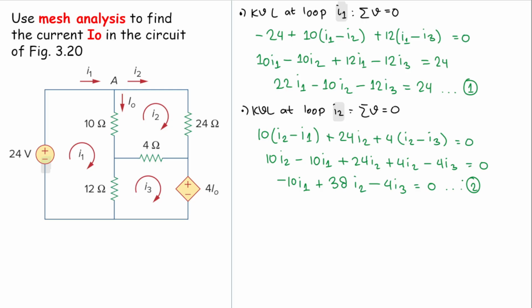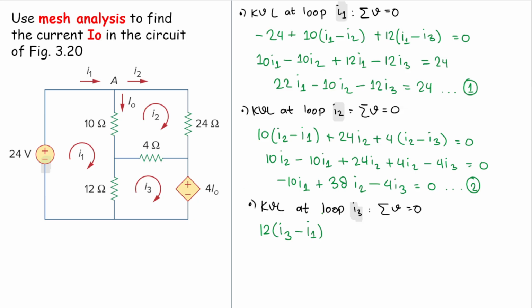Good. We still need to do KVL, but this time at loop I3. So let's do that. KVL at loop I3. And again, we have sigma V equal to 0. Let's start from this 12 ohm resistor. So we'll have 12 multiplied by I3. We are currently working on I3 here, so I3 always comes first. So have 12 I3, then minus I1 that is flowing in the opposite direction.